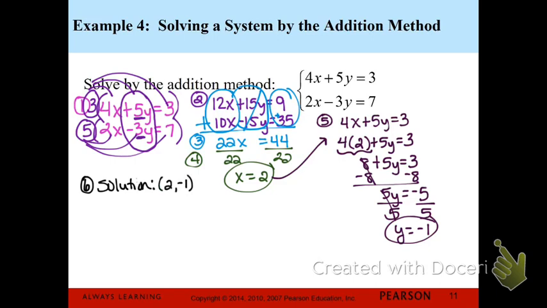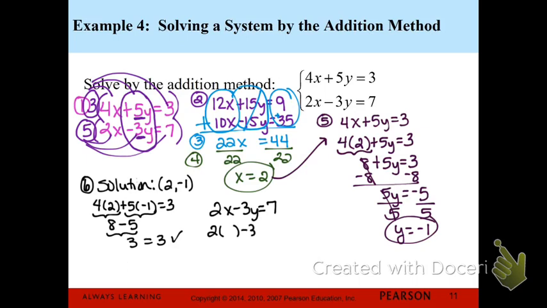All right, so let's check it. Plug it back into both your equations, the original ones. So 4x plus 5y equals 3. So plug in 2 and -1. What's 4 times 2? 8. And what's 5 times -1? -5. And 8 minus 5? 3. And that's what we wanted, right? And then check the other equation. 2x minus 3y equals 7.